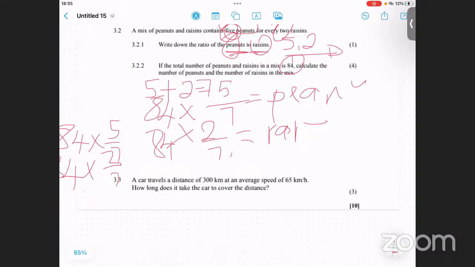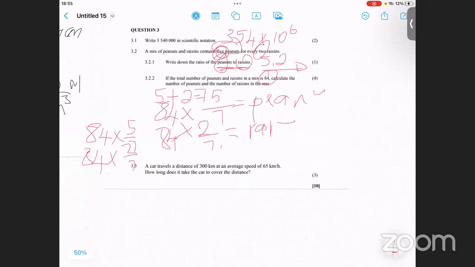Okay. All right, let's look at 3.3. They say a car travels a distance of 300 kilometers at an average speed of 65 kilometers per hour.